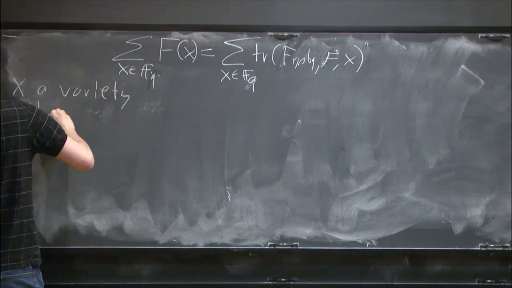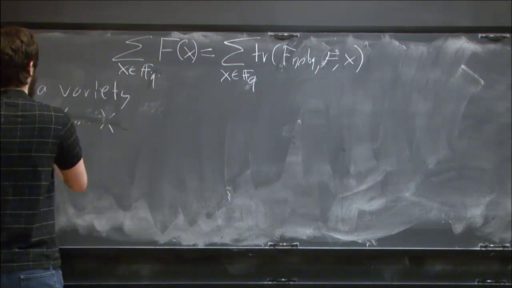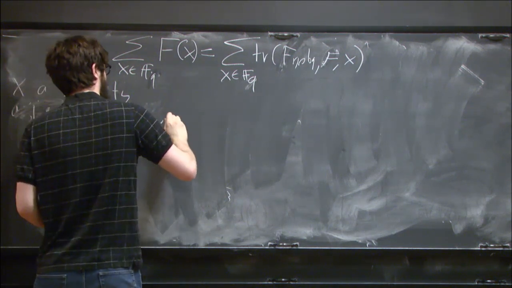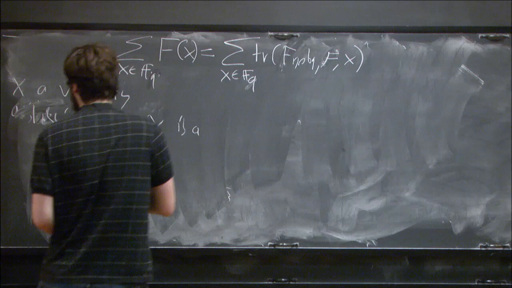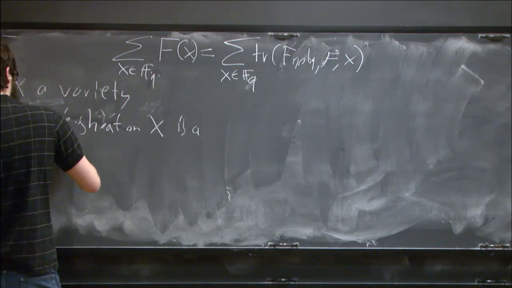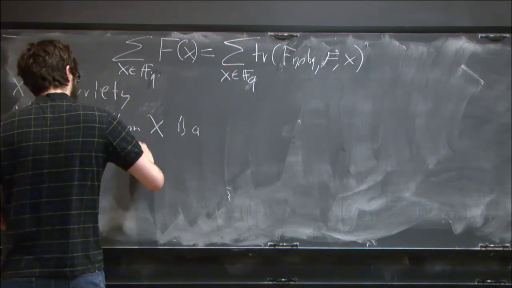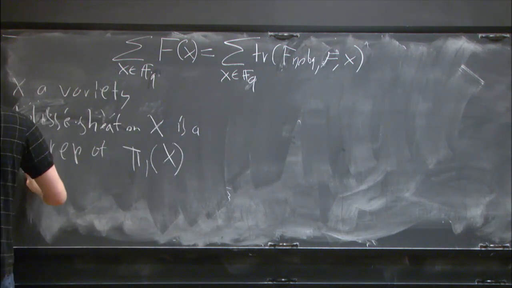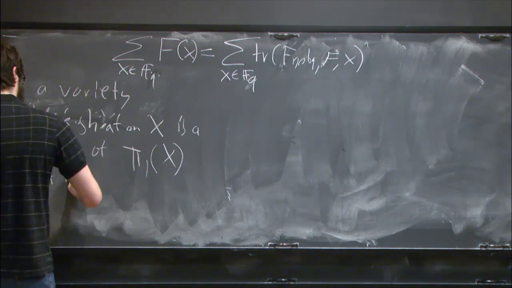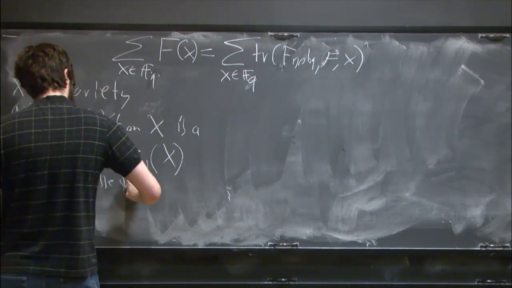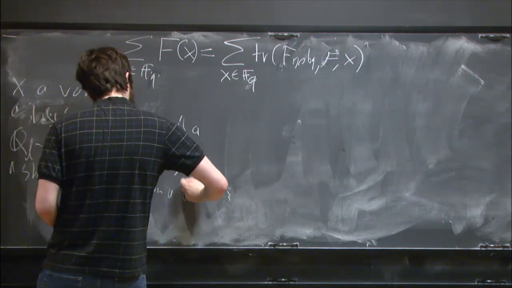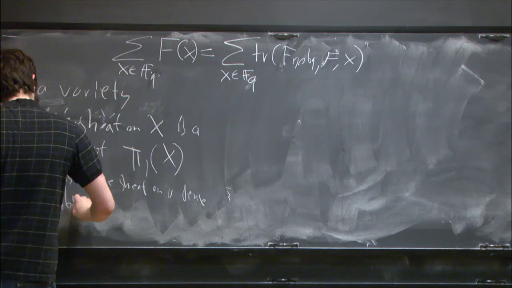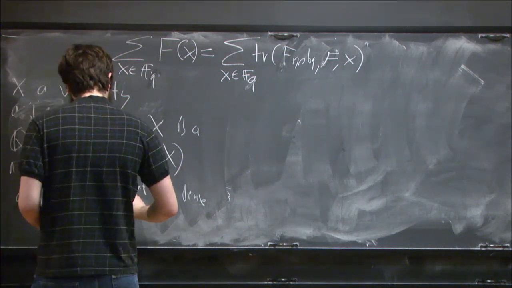A sheaf on X, for me, or at least a sheaf on X, is an l-adic representation of the étale fundamental group of X. A sheaf is an l-adic sheaf on a dense open subset plus some singularities.